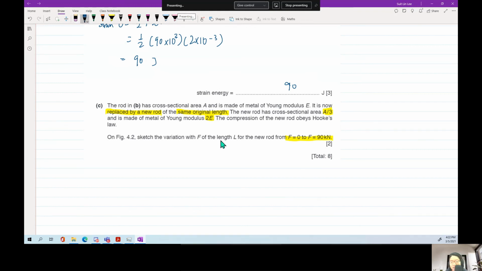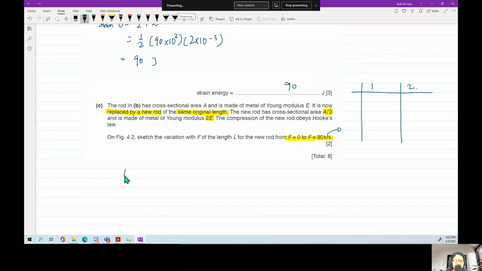Okay, I'm still going to take 90 kilonewton as my reference point. So if I list down all my quantities, I'm going to go with the initial wire. I have 1 and 2, initial and final wire.